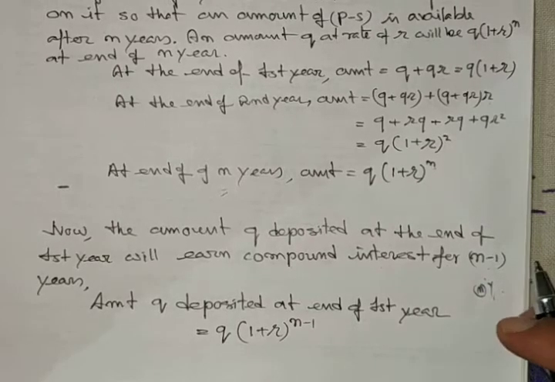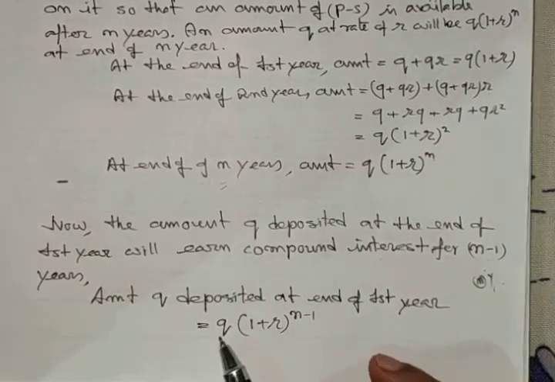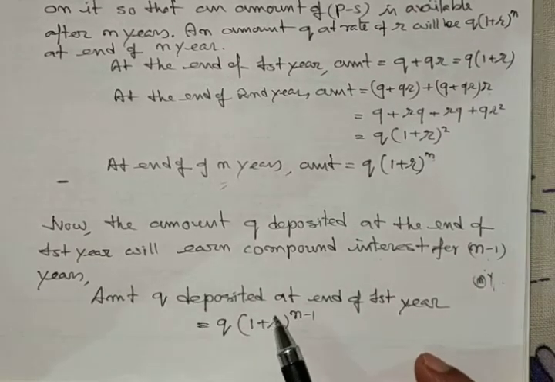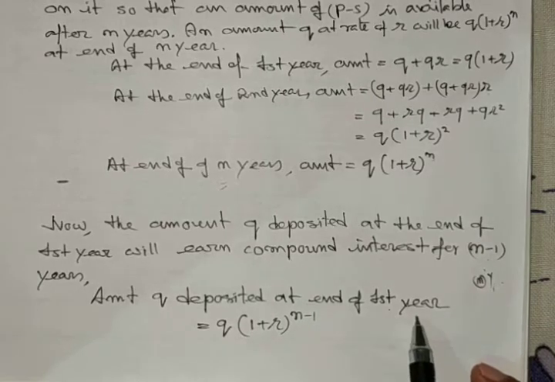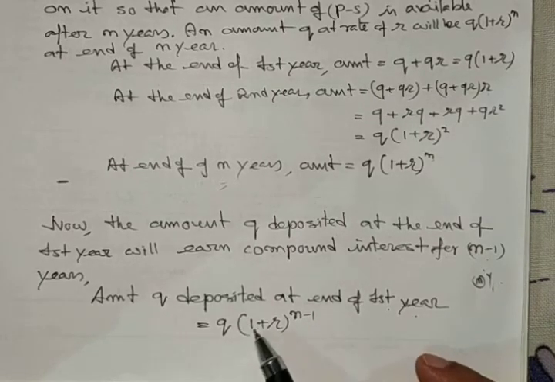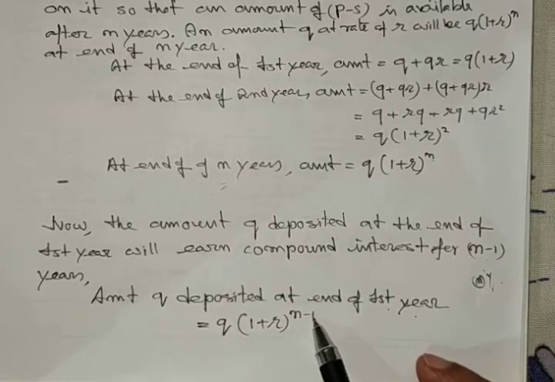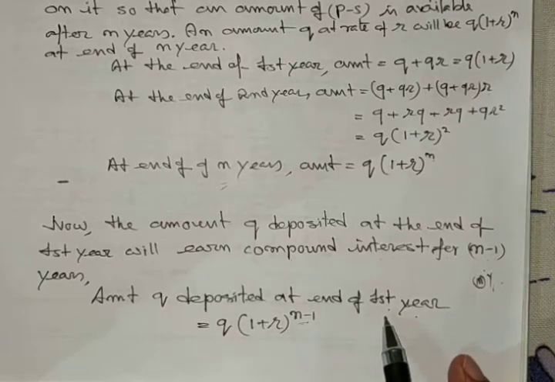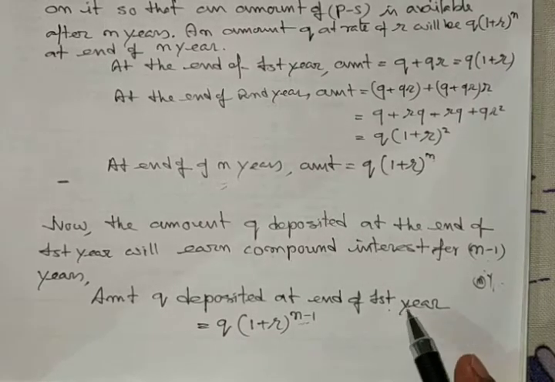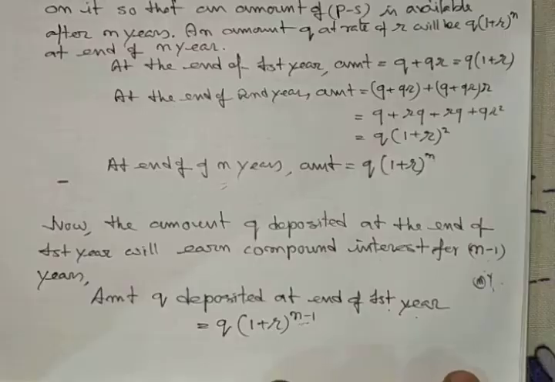So the amount Q deposited at the end of the first year will be Q into 1 plus R to the power n minus 1. Why is it n minus 1? Because it is after 1 year.